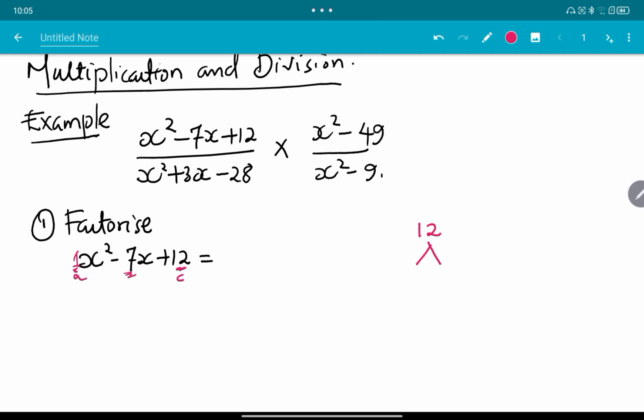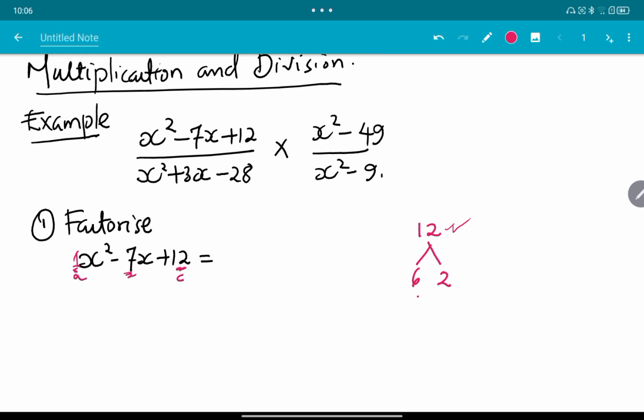The product of those factors will give me 12, but the sum of the factors will give me negative 7. Some of the factors I have are 6 and 2. But whatever I do to 6 and 2, it can't give me negative 7.